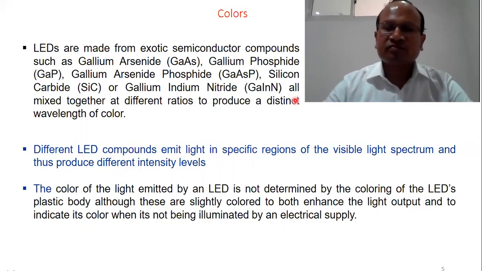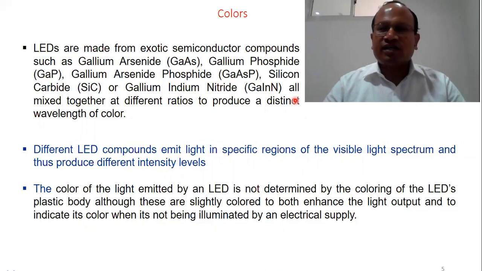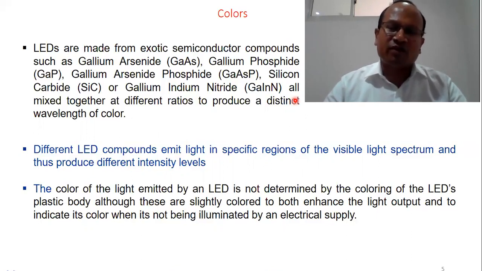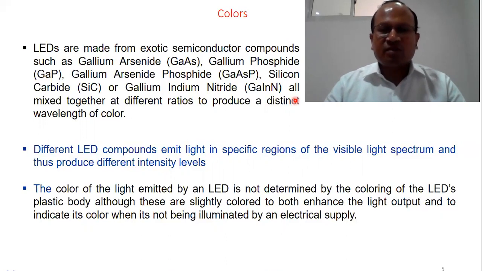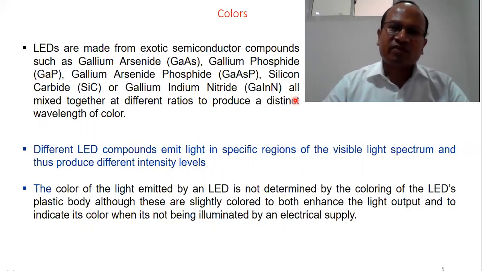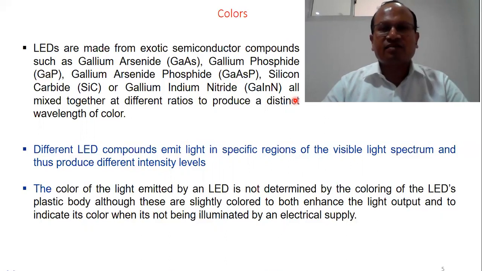We know that there is a visible spectrum. If we see the entire EM spectrum, we find that 460 to some 700 nanometer wavelength, that area is the visible spectrum. And in that visible spectrum, our human eyes can perceive different colors.